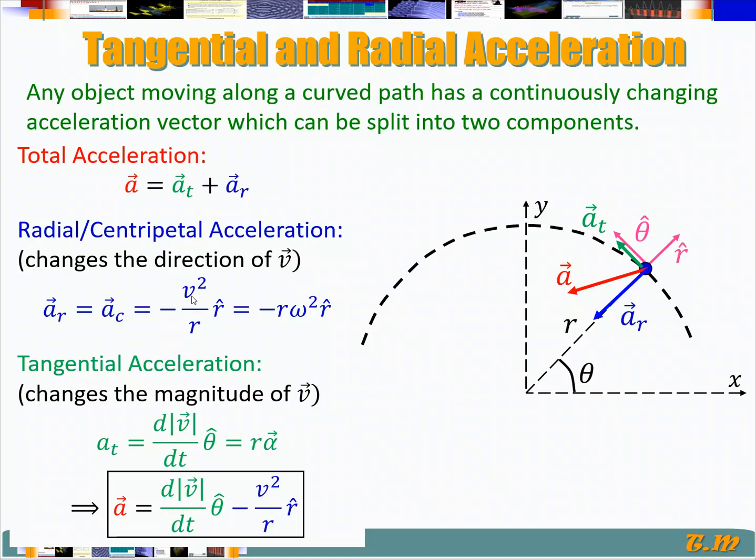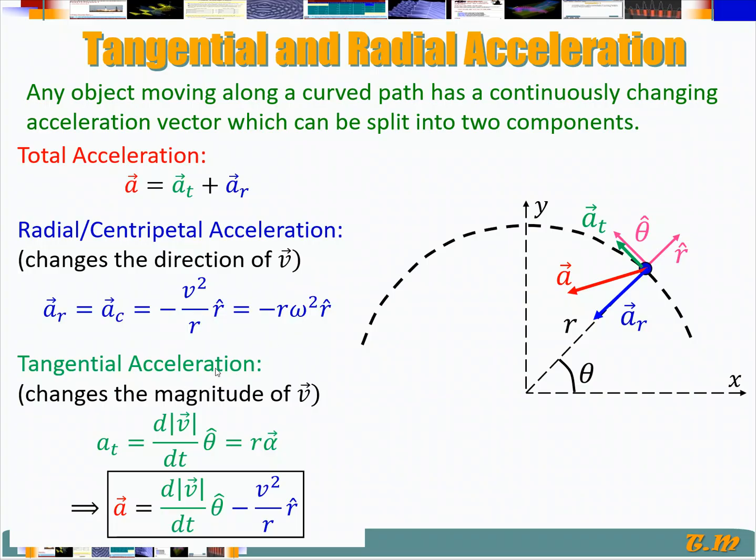This is the speed at that time, r is the radius, and this is the unit vector, minus the unit vector tells us it's pointed in. And I'll talk about this in a second. It is also equal to minus r omega squared instead of just v squared over r. Now, omega is what we call the angular velocity.